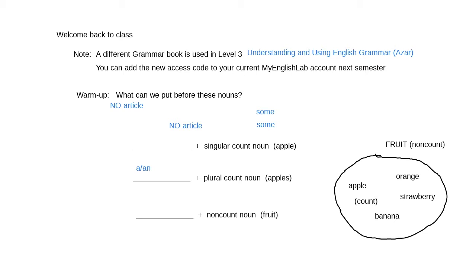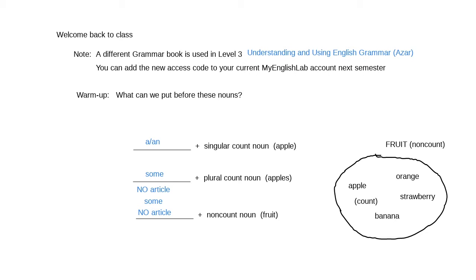Okay, what can we put in front of a singular count noun? Can we have no article, some? And Amani, I think you're there. Yes, I'm here. Okay, so you can help the group out too. We're trying to put these in the correct place. Okay, Amani, do you agree with them?